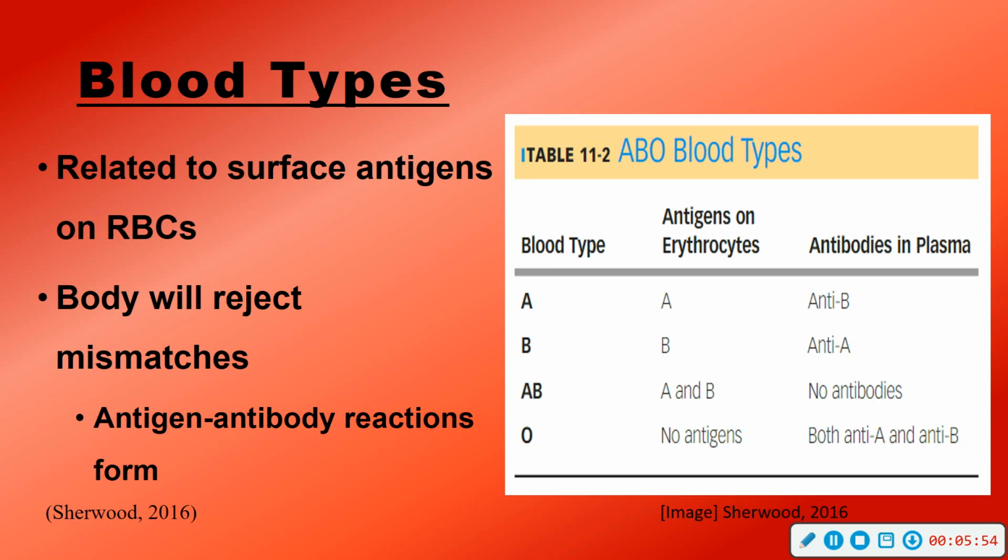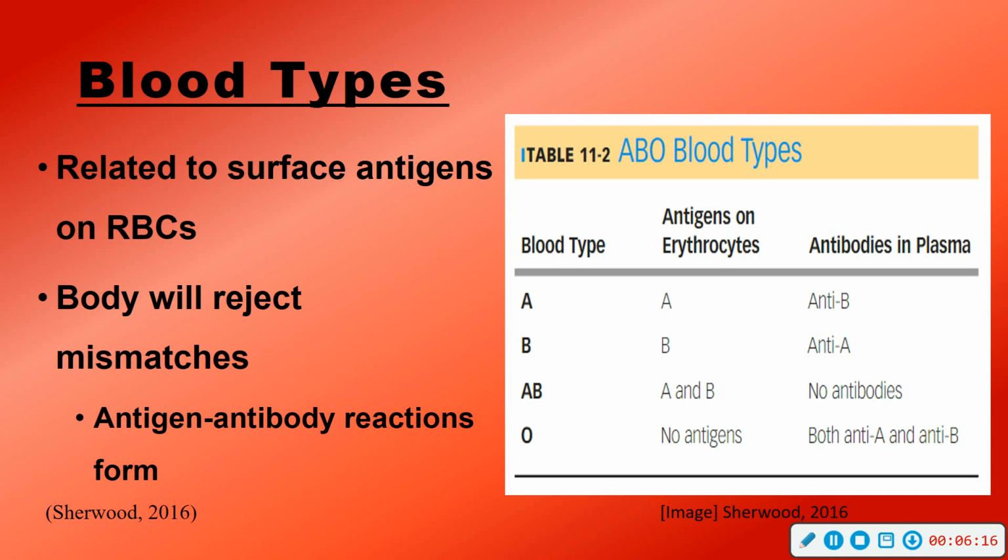Well, we actually have antigens on these red blood cells, on the surface of them. And so you want to make sure that you have the right antigens in your blood so that the antibodies that would fight against them don't mismatch. They need to work together.